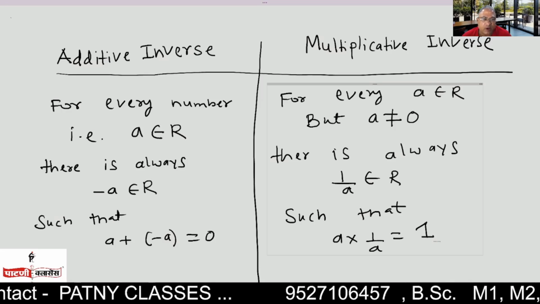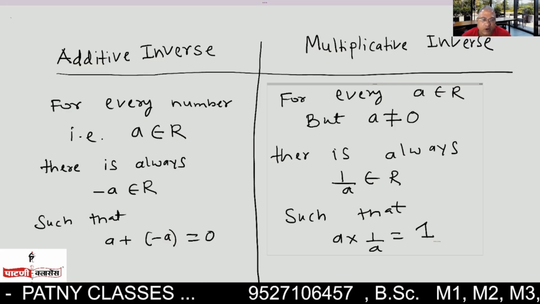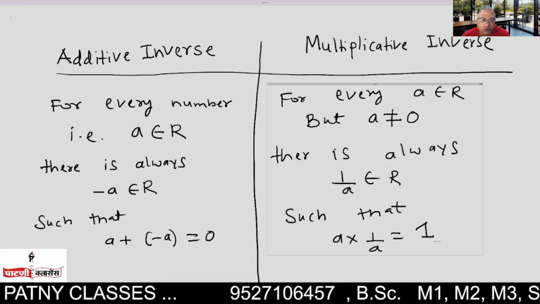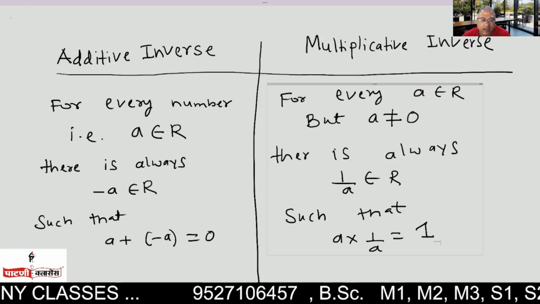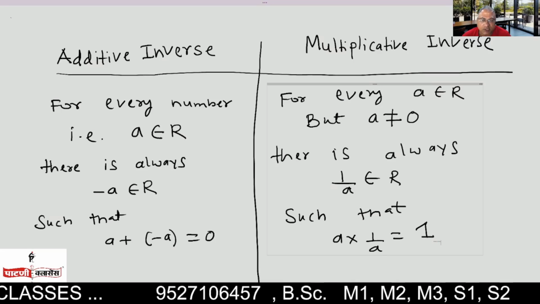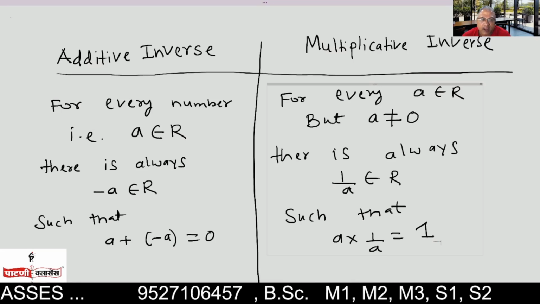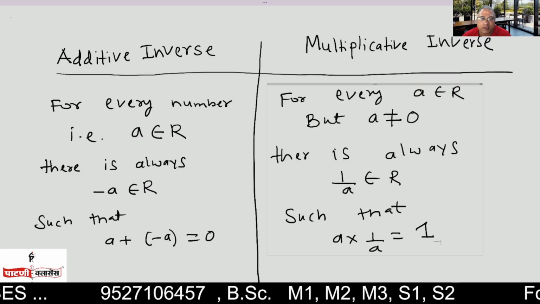Similarly, for multiplicative inverse, for every a belonging to R but a not equal to 0, there is always 1 upon a belonging to R such that a into 1 upon a equals 1. Thus, additive inverse and multiplicative inverse are always present in the case of real numbers.